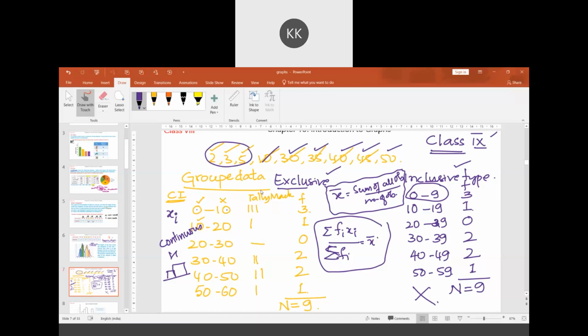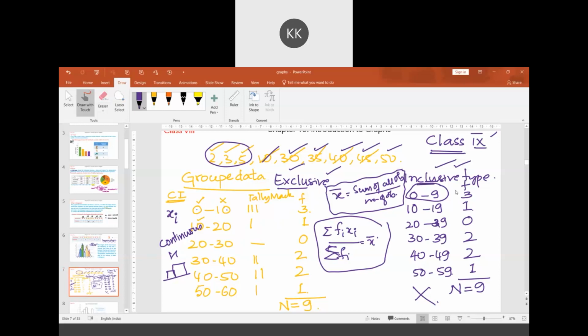In class 10th, as I said, there is frequency polygon, and there's a method to find out mean, median, mode. You will learn it in higher class. For us, we should know how these two are different from each other. There is a method to make this inclusive type into exclusive type.